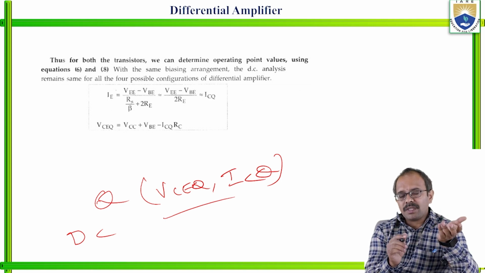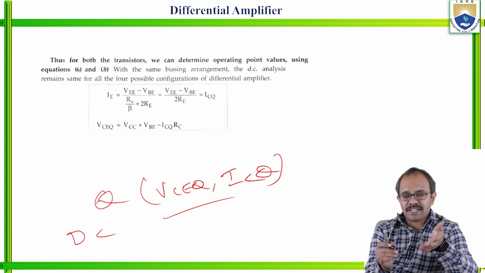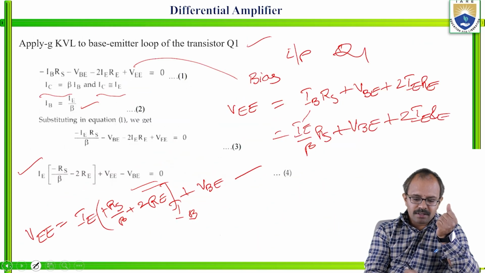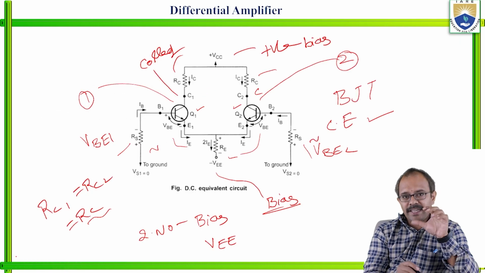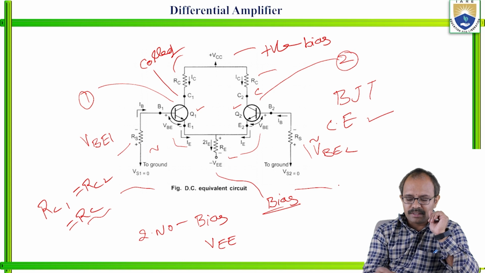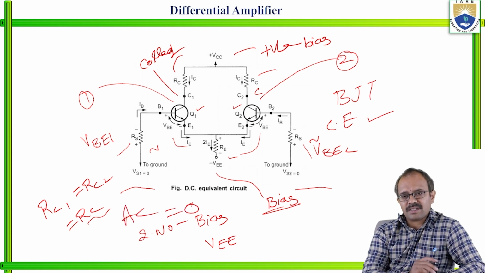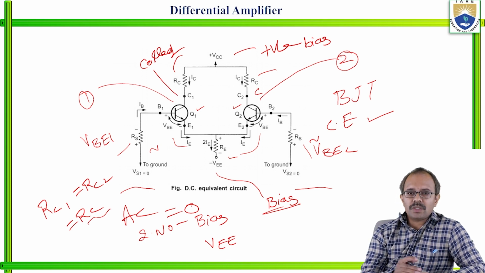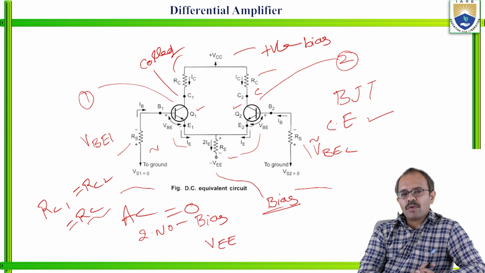So go back to the basic differential amplifier circuit, the equivalent circuit drawn in this lecture. If you observe, there is no AC component here. All the AC components are suppressed, that means they are connected to the ground. So this is the first step if you want to perform the DC analysis.